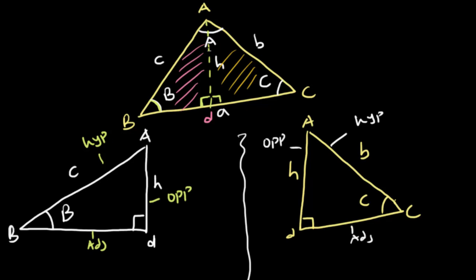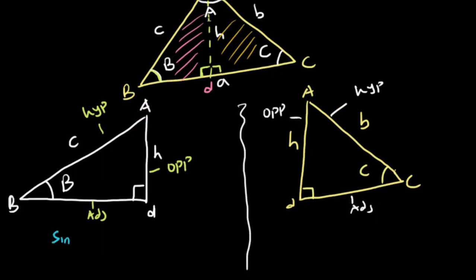Do you understand? Now the next thing we want to do is to find the relationship between the sides of each of the triangle. Now remember, sine theta equals opposite over hypotenuse. I hope you can still remember SOHCAHTOA. Sine, opposite over hypotenuse.